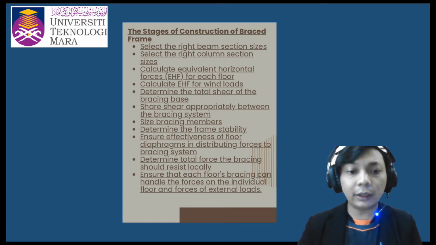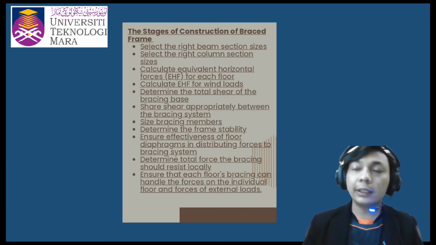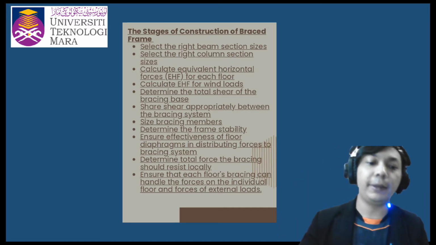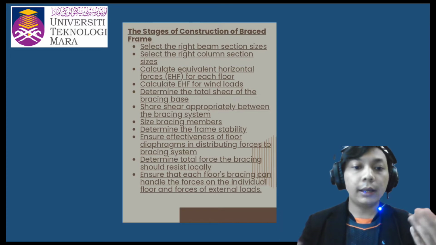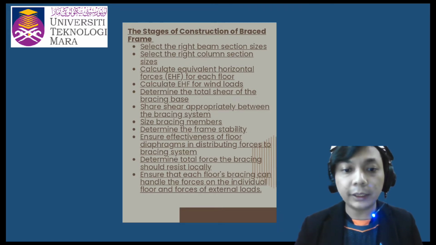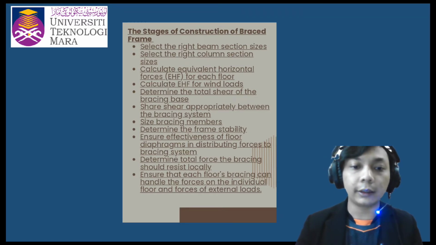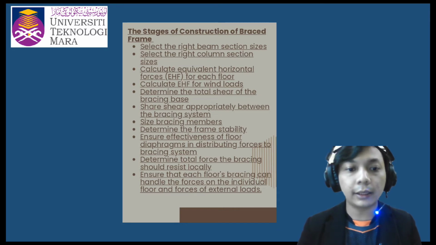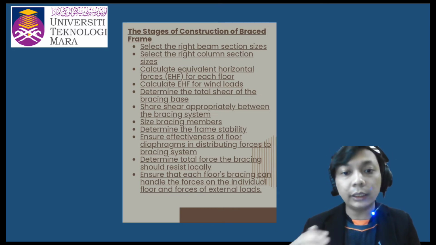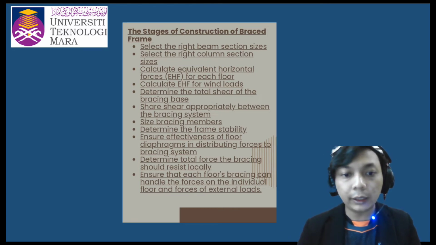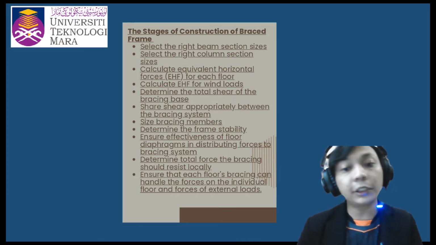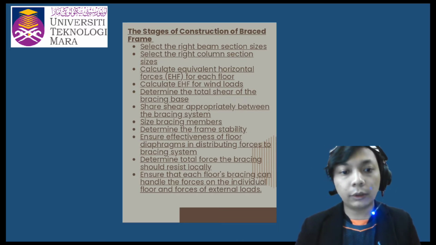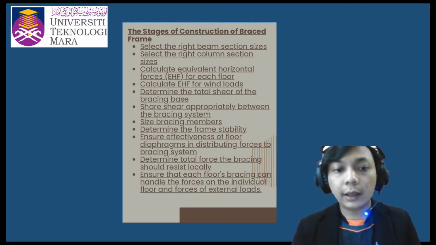As per Cool Deep Whale, you can see the stages of construction table behind me. For the first one, select the right beam section size, and select the right column section size. The third one, calculate the EHF, which is the equivalent horizontal force for each floor. The next one, determine the total shear of the bracing base.